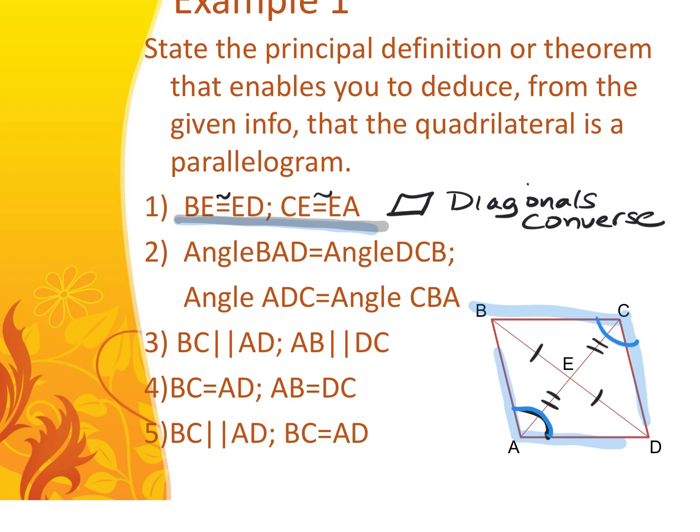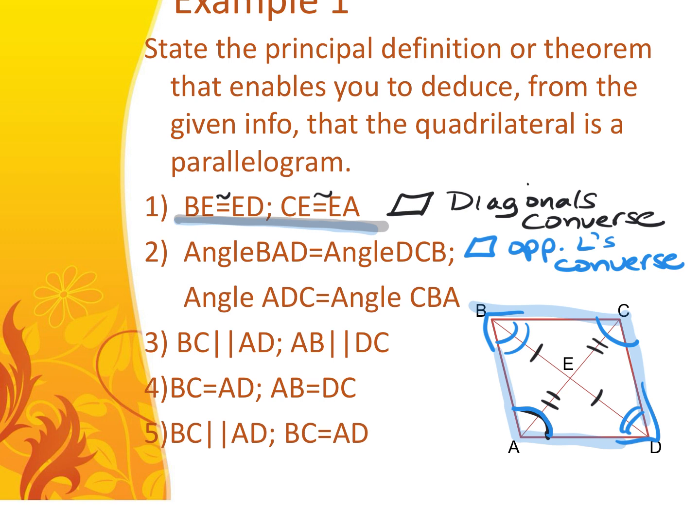So if both pairs of opposite angles are congruent, then the quadrilateral is a parallelogram. And this name would have been the parallelogram opposite angles converse. And then again, you would have shown that these are also congruent. So both pairs need to be marked as congruent.